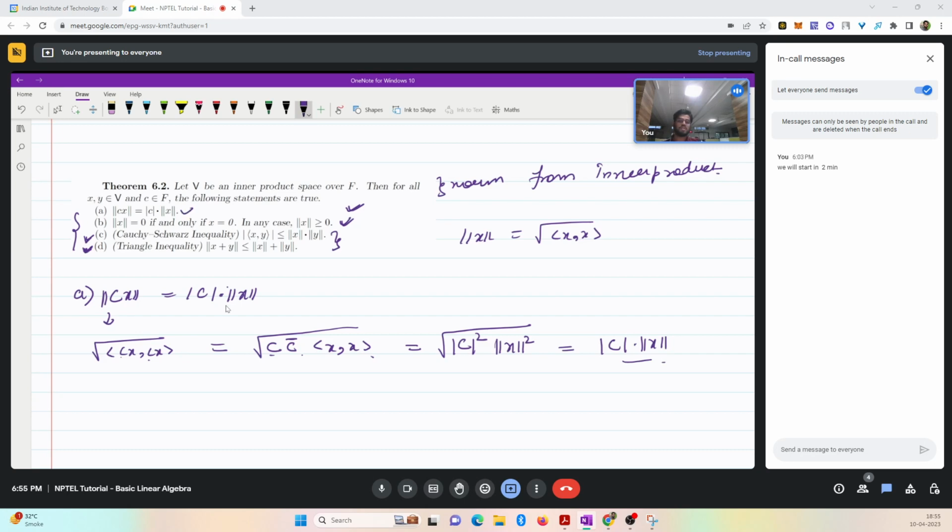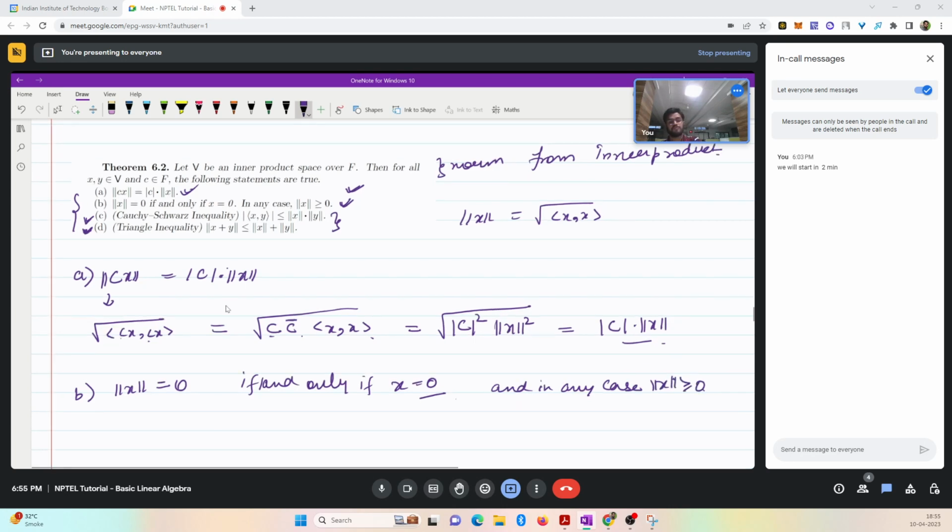So this first one is quite easy and quite straightforward, so we have done that. Second one is: norm is 0 if and only if x is 0, and in any case norm of x is greater than or equal to 0.